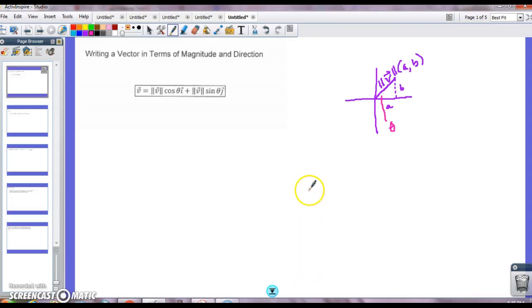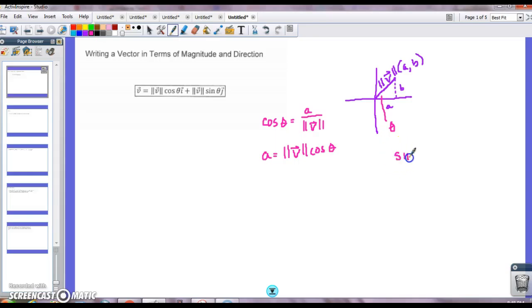And so now this should be kind of familiar to you when we talk about the cosine of theta and the sine of theta. So the cosine of theta is going to be a over the magnitude of v. And if I cross multiply, I end up with a is equal to the magnitude of v cosine theta. And let me do the same thing for b.